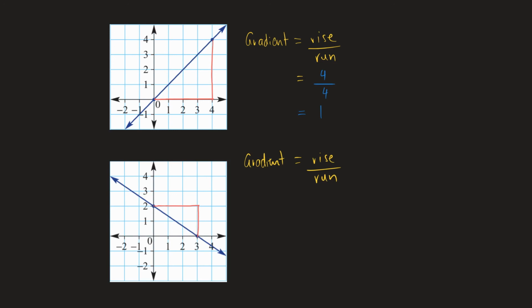So I'm going to say -2. And my run is in a positive direction: 1, 2, 3. So therefore, my gradient of this line is -2 over 3. And it's easier for me most of the time to leave the gradient in fraction form, as it's easier to actually graph when you're given it that way.